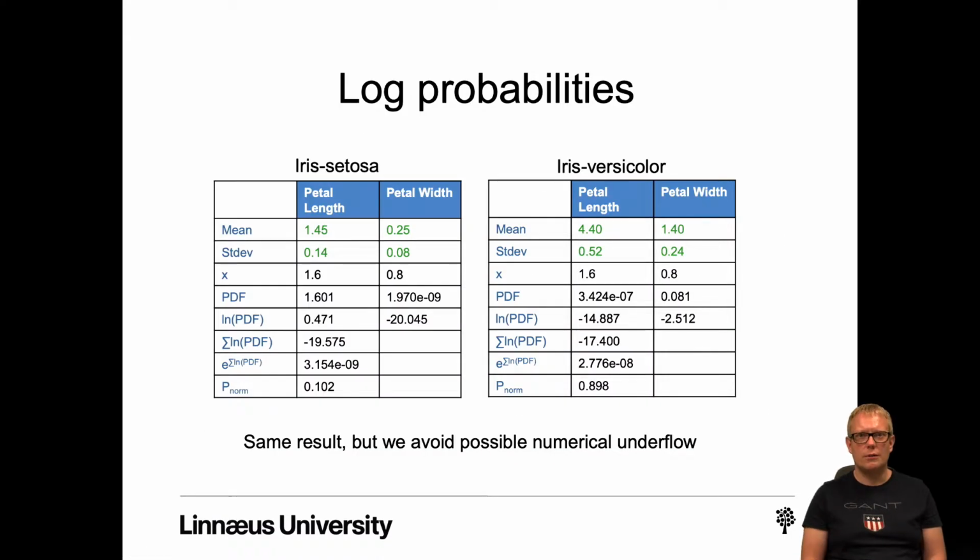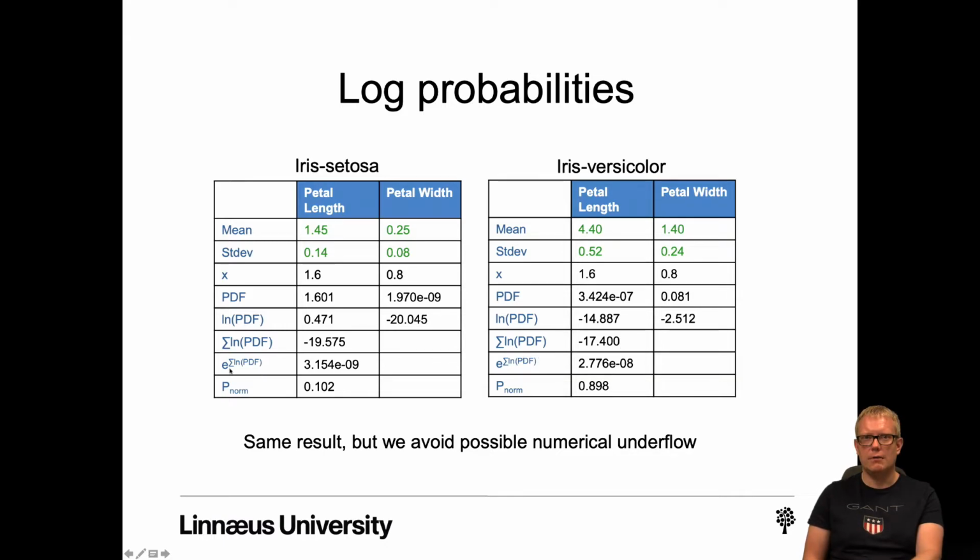So if we do this for our example, we have calculated the PDF values in the previous example, and we continue by calculating the natural logarithm of the PDF values, and we get these results: 0.471, minus 20.045. We calculate the sum of these ln probabilities, and we get a result of minus 19.575 here, and minus 17.400 here.